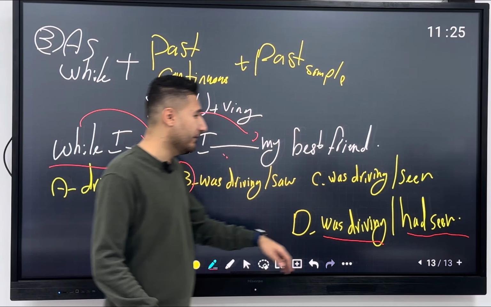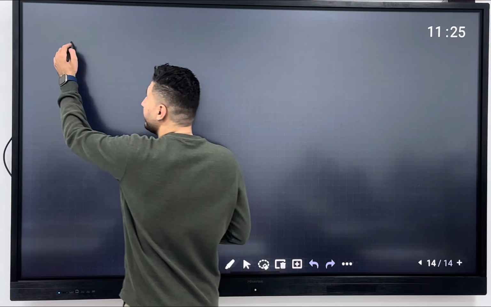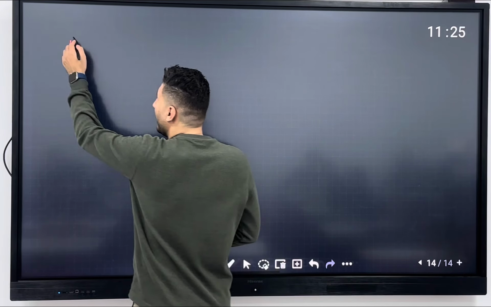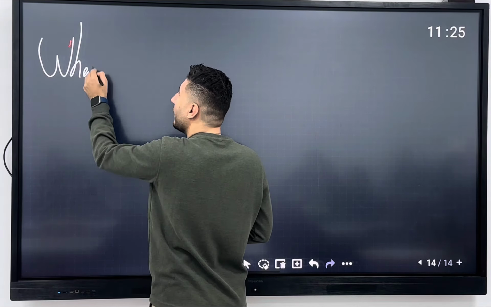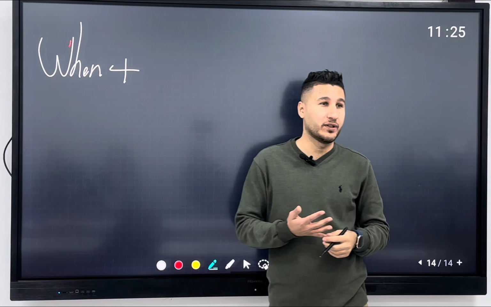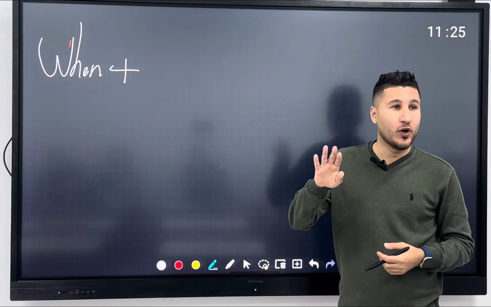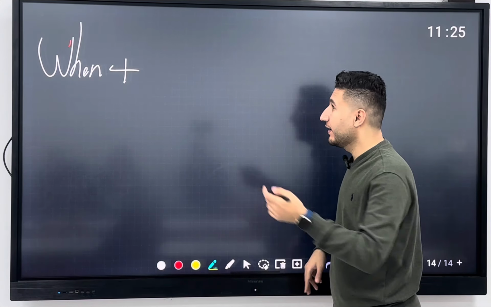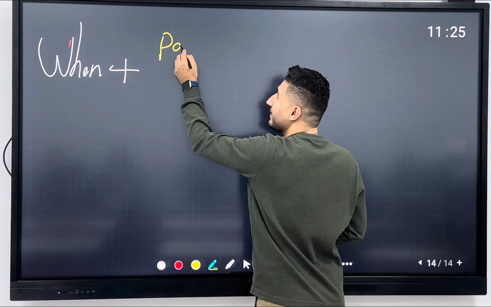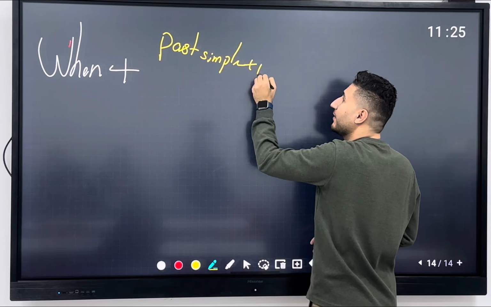Okay, finally we have group 4. In group 4 we have when. Who can tell me what are the rules for when? I said what are. It means you have more than one, right? We have 4 rules. Okay, first is past simple plus past perfect.